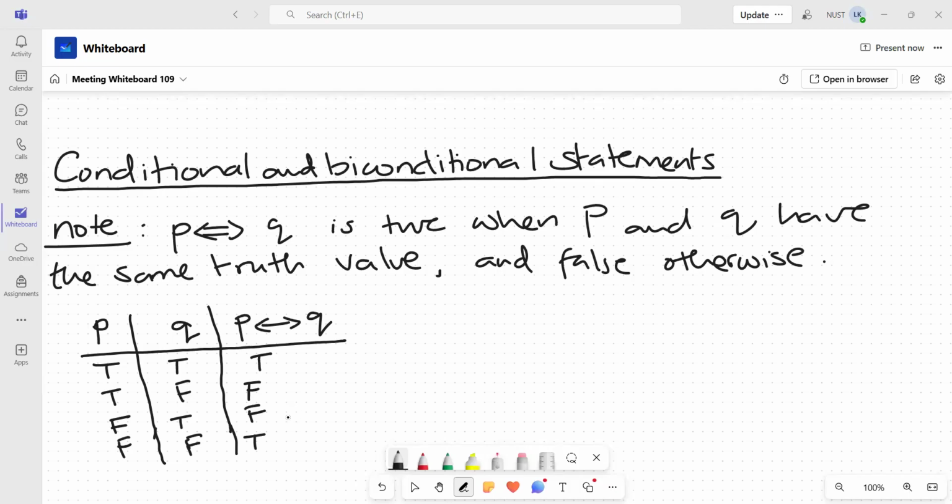But if it does rain and then we do not watch a movie, I have broken my promise. So that is where we would have a false. Okay, so this one here, false, false is it doesn't rain, we don't watch a movie, I have not broken my promise. I haven't gone against my word. Here it does rain, we do watch a movie, I have kept my promise.